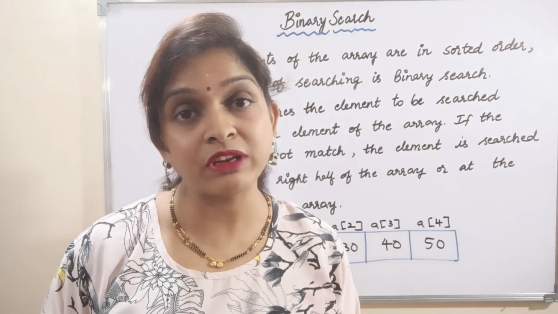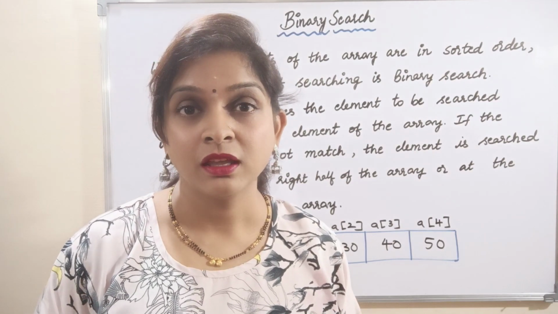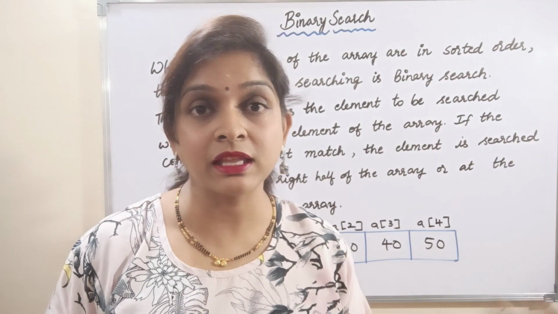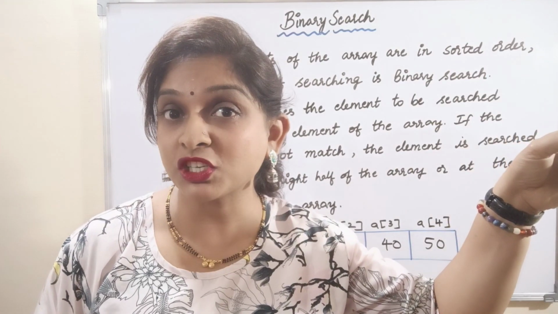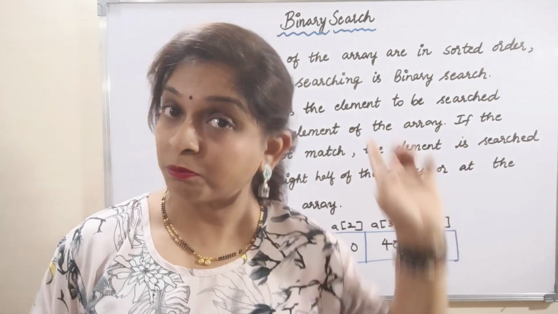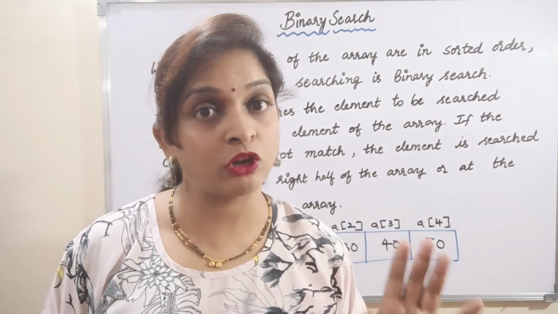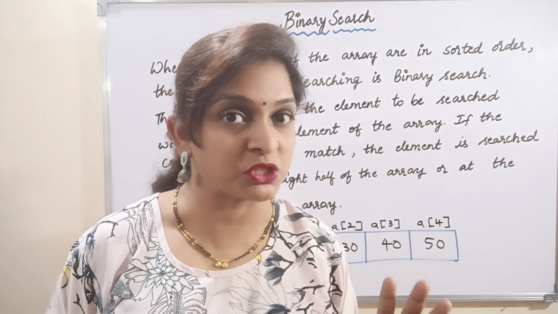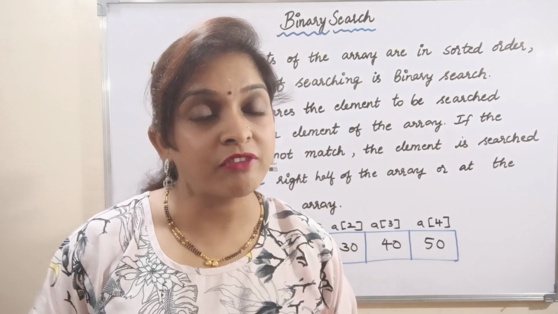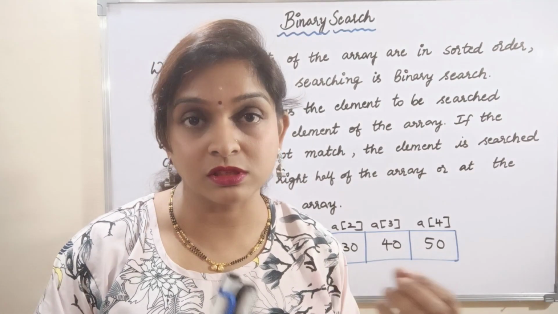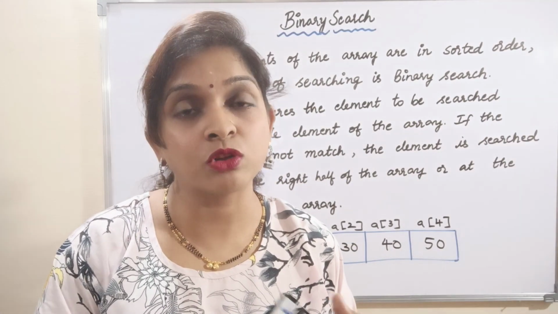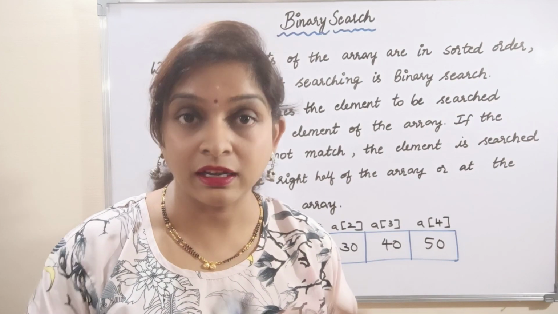If the element is available, maybe say you have 10 elements and the element is in the last position, I have to traverse up to the last position one by one in a linear fashion itself. I cannot straight away jump to that position. Or it may be available in between, maybe towards the left side initially or towards the right side at the end.